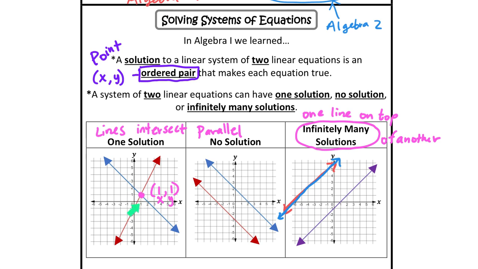This is where the two lines intersect. Here the red line and blue line never intersect, so there's no solution. And then here, if I have one line on top of the other, the blue one on top of that red line, it's always intersecting, so it has infinitely many intersection points.